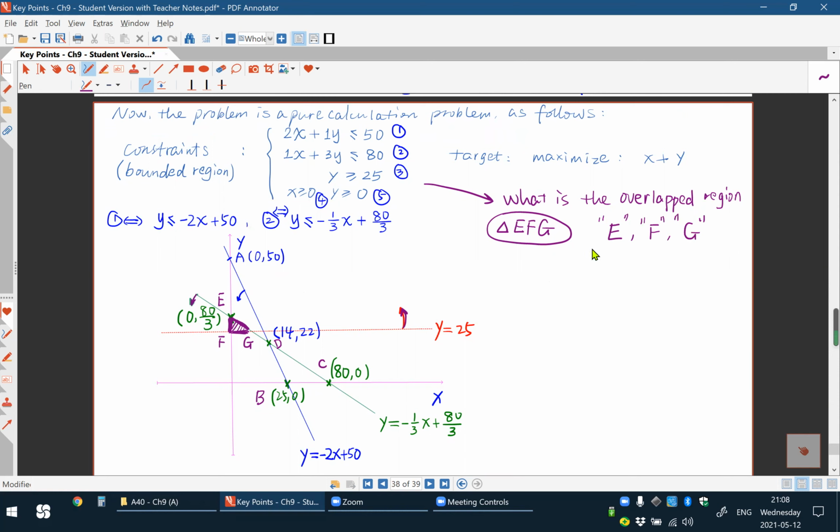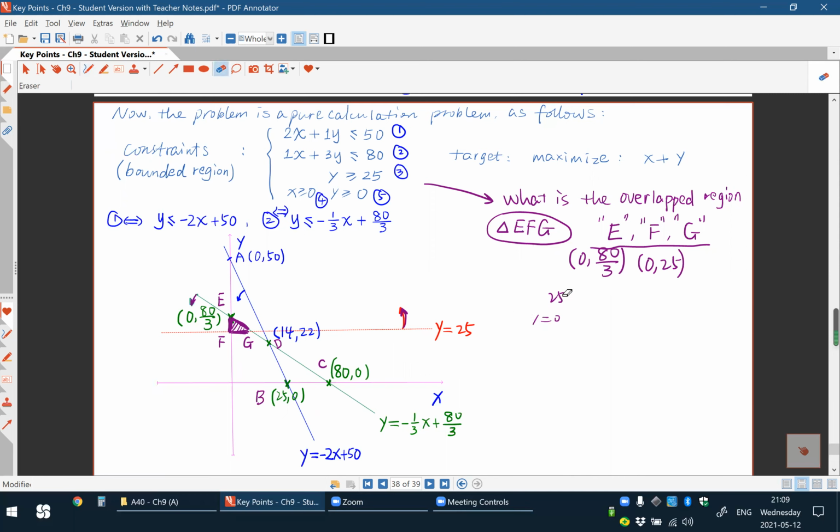So first of all, we need to find the coordinates of these 3 points. We have already found coordinates of E, right? Which is 0, 80/3. How about F? F is the intersection point between y equals 25 and x being 0, right? So the coordinate of F is 0, 25.